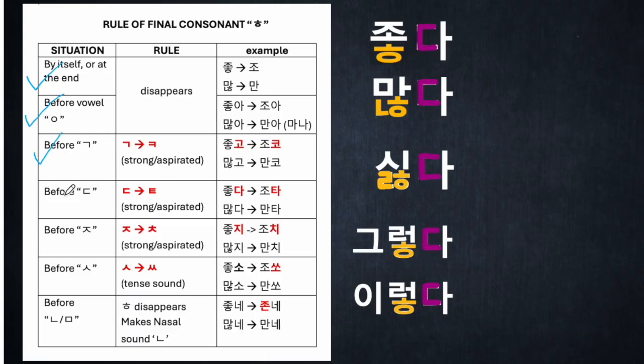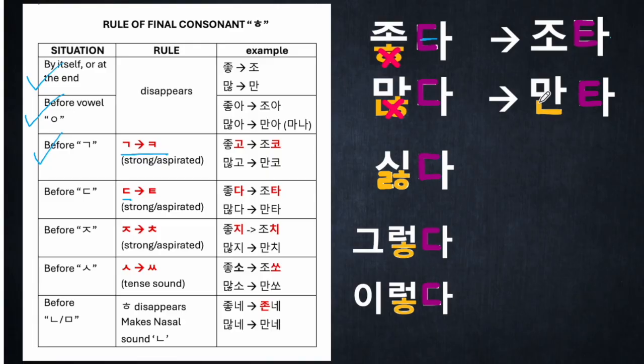We are here. Now, if the next syllable starts with do, right? Same thing, how gu changed to k, do will change to t. So, in this case, you drop h, and then this becomes 좋다, 좋다. This one, same thing.